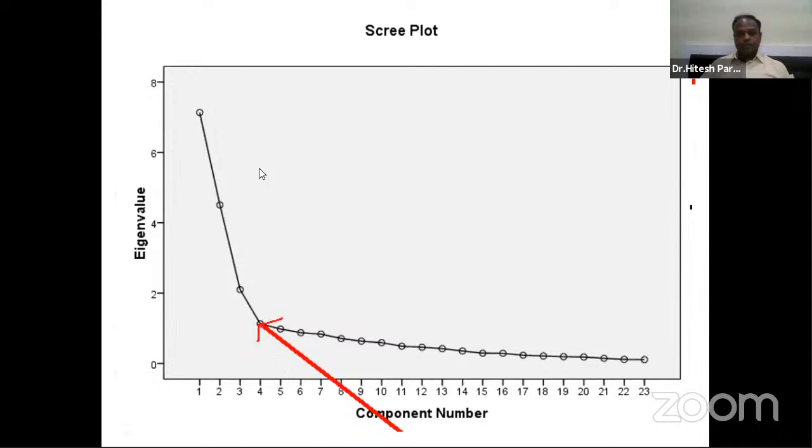So if you consider the scree plot, it can be 3 factors, or if you take this slight deviation into account, then we can have 4 factors. So if you follow the scree plot, or eigenvalue greater than 1, it suggests 4 factors. Here you may consider 3 or 4 factors depending upon your choice.